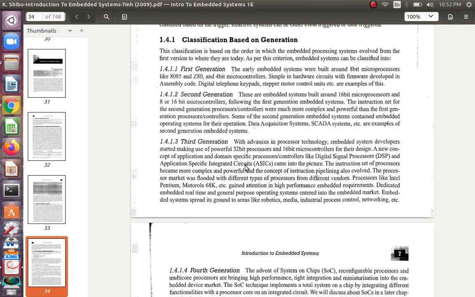The instructions became much more complex and powerful, and the concept of pipelining was introduced. Because of pipelining, the performance was improved a lot. Processors like Intel, Motorola, etc. gained high attention because of their high performance.